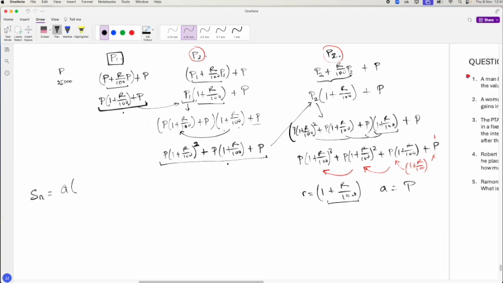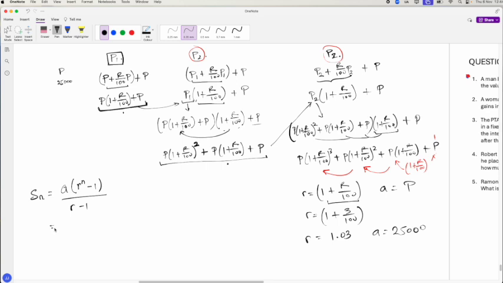We know this is 3%, right? So let's work out R one time. R is 3%, which is 1.03. And A is 25,000.